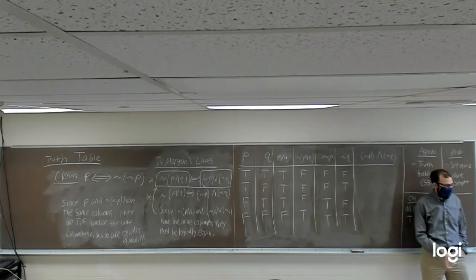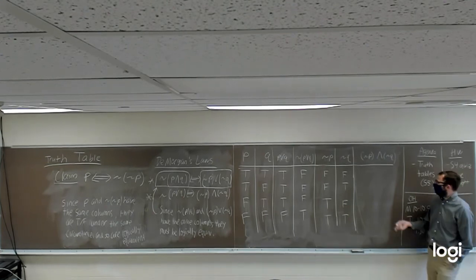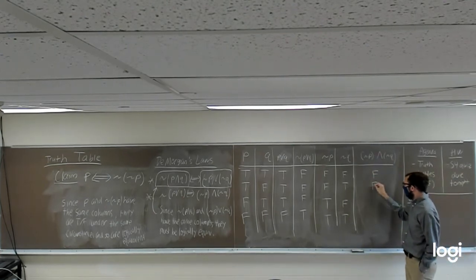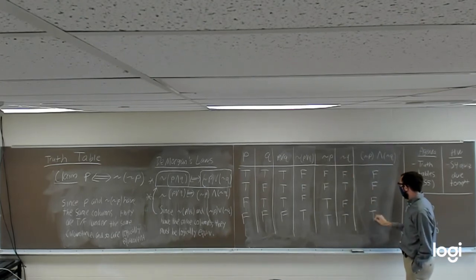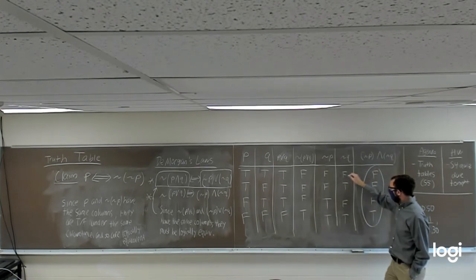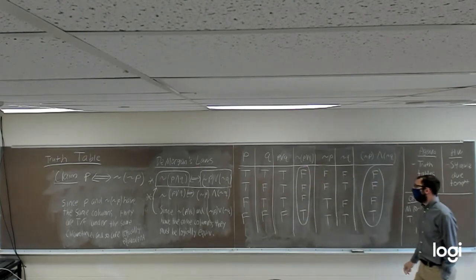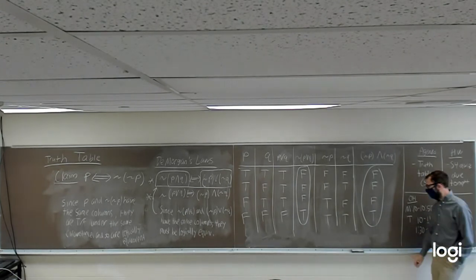As I say, that was our column for not P or not Q, the first one you said. But for our AND statement, the only way for this AND statement to be true is if both not P and not Q are true. And you can see again, we have the exact same columns for these two statements.